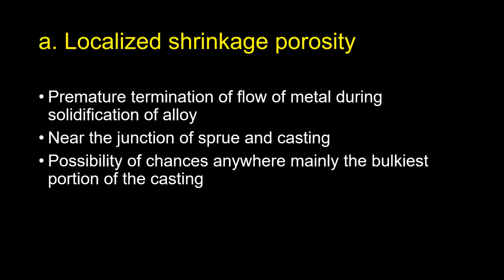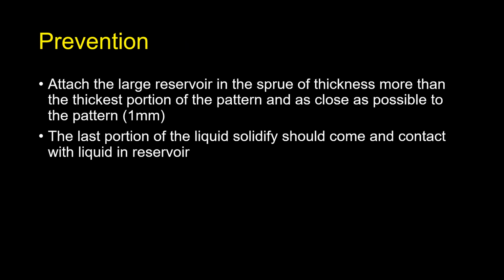First one is localized shrinkage porosity. This may be due to premature termination of flow of metal during solidification of the alloy during casting. This occurs near the junction of the sprue and the casting. It may occur at the bulkiest portion of the casting. How to prevent this porosity?